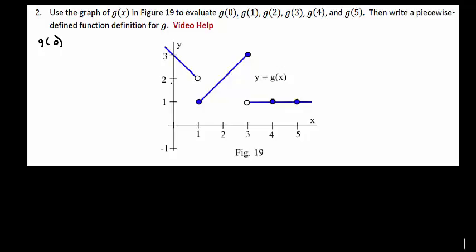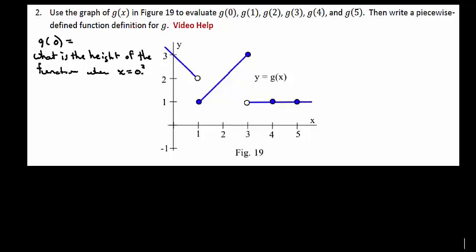If I go to 0 and I look for, remember, just real quick, this literally says what is the height of the function when x is equal to 0. That's the question that's asking.